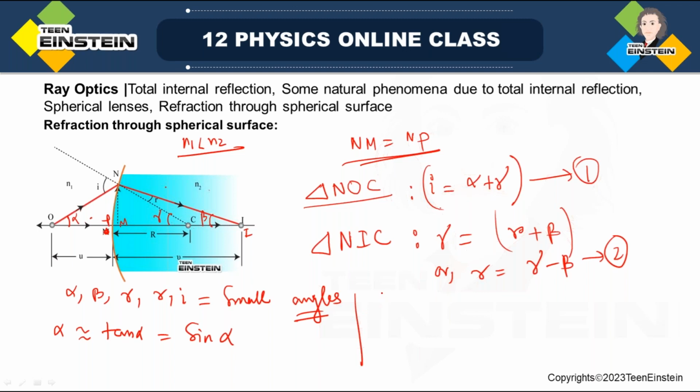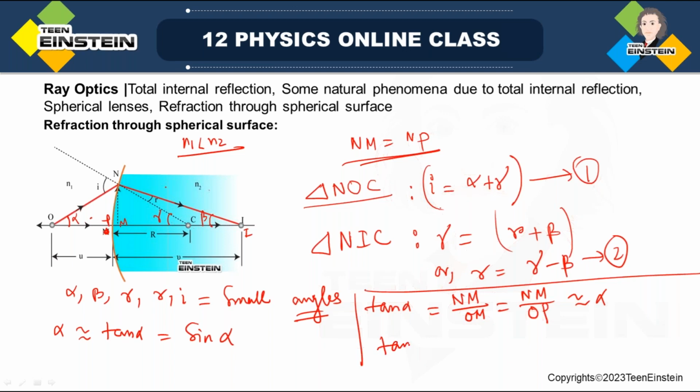So let us write tan alpha. Tan alpha can be written as perpendicular by base, NM by OM, or NM by OP, since M and P are coinciding. So alpha is equal to NM by OP. What is beta?